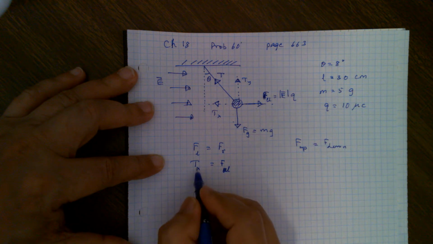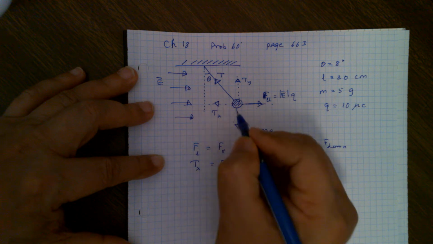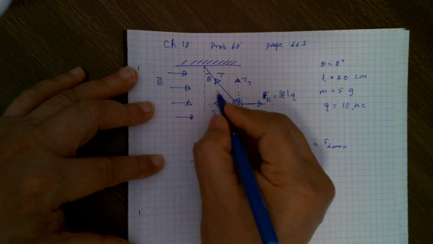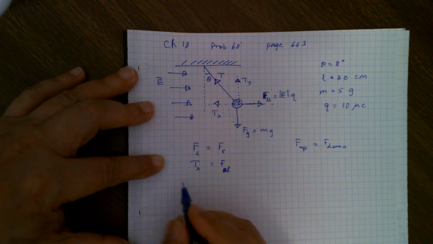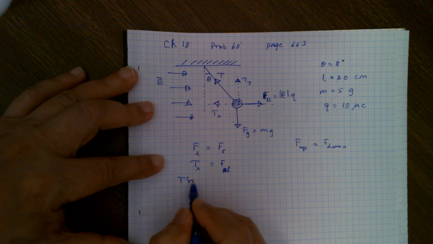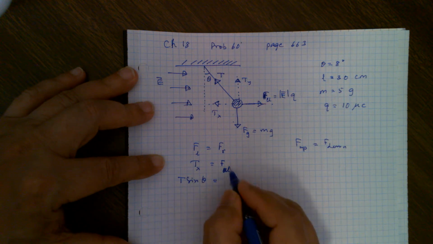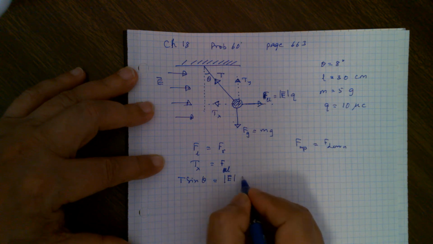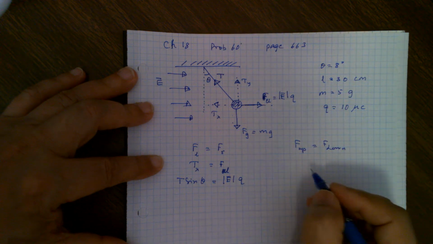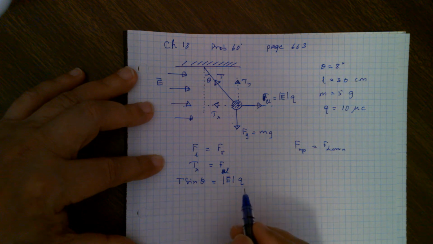Okay, so we go one step further. Tx is the component of T in the negative x direction, that is T, this is theta, so this must be the opposite, so Tx is T sine theta. Okay, and F electric is, as we know now, the magnitude of E times Q. Now that is from forces pulling to the left equal to forces pulling to the right.